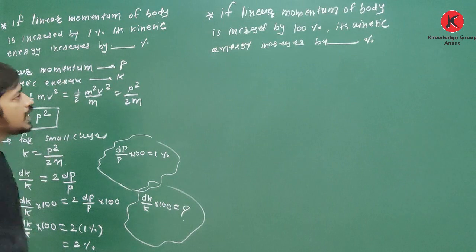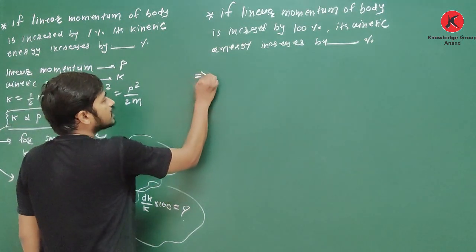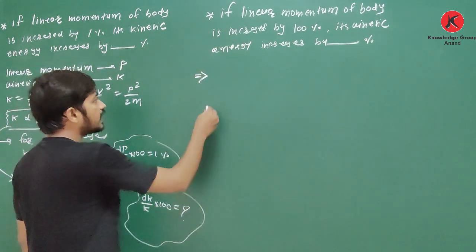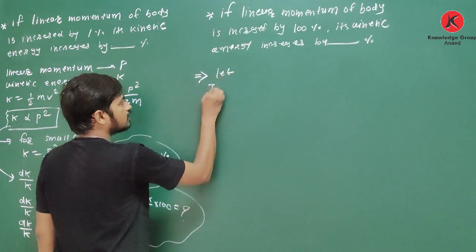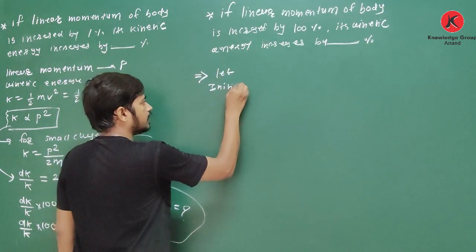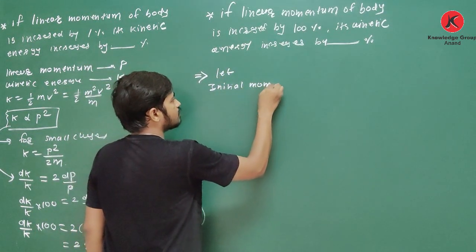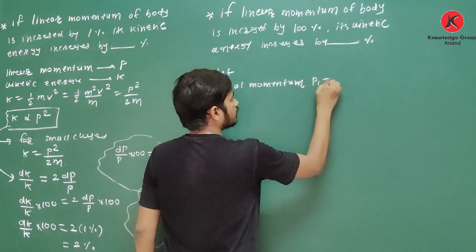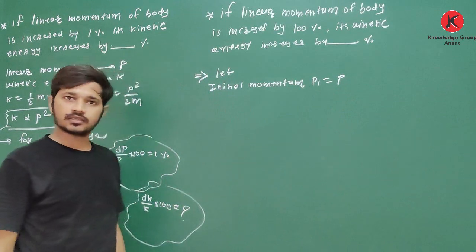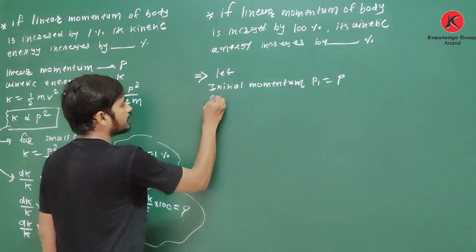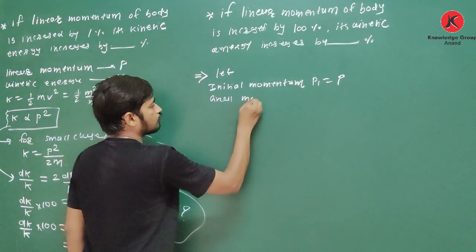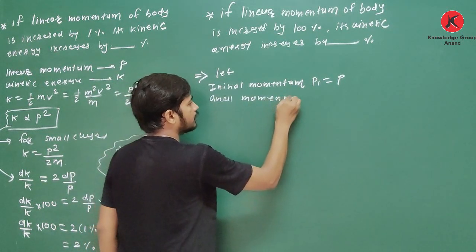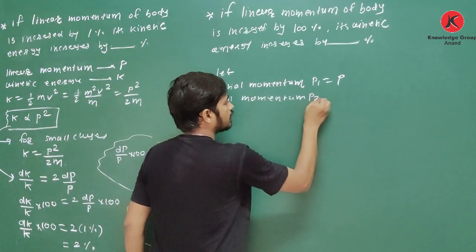Then for a large change, what is the method? See here, the linear momentum of the body is increased by 100%. So I am assuming that the initial linear momentum P1 is equal to P. Clear about this? I have assumed. So the final momentum is P2.